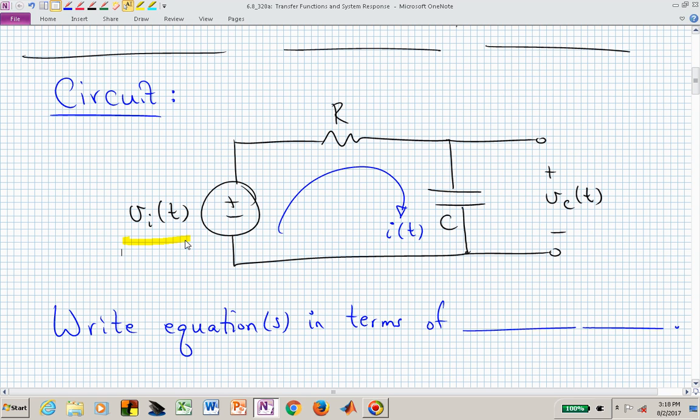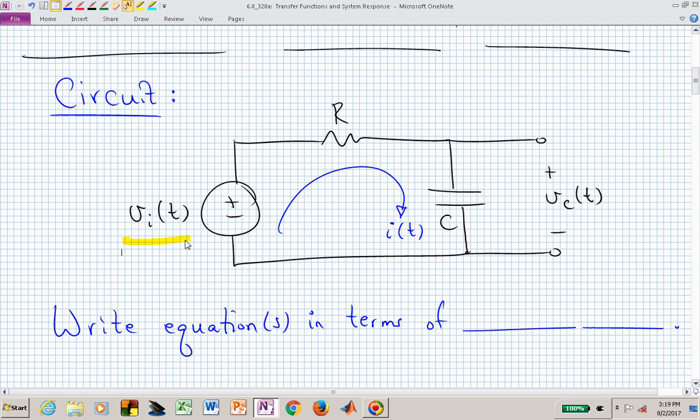But since we have a capacitor, that capacitor has a differential relationship between the current and voltage, and that produces some dynamics or memory, and so we do have some dynamic behavior. We should be expecting a differential equation.